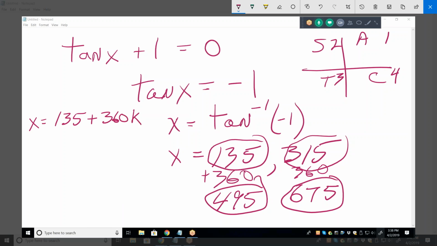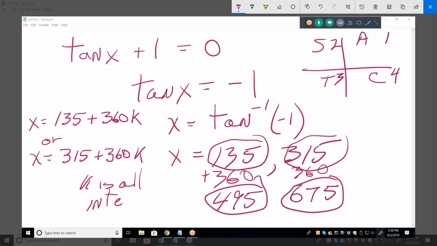And you can use k or n, where k is all integers, which is positive or negative. Okay. And you still are in degrees, correct?